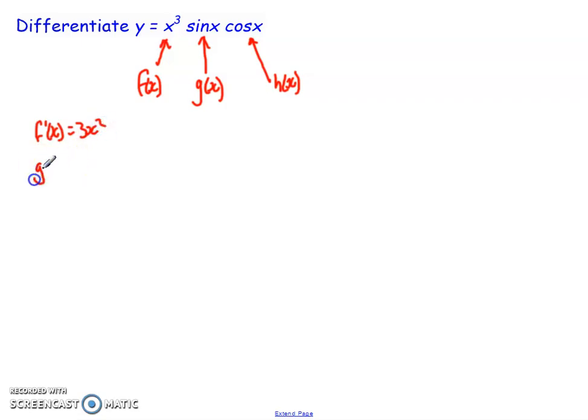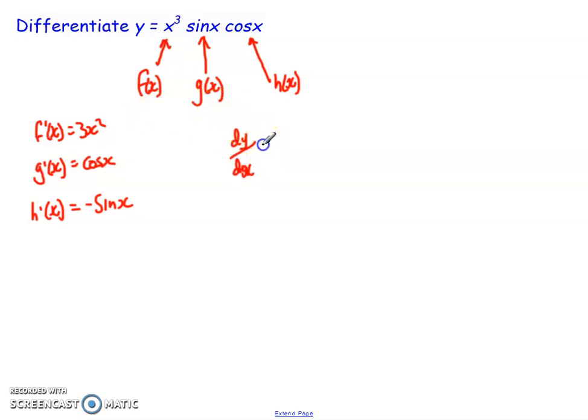My g dashed of x, so derivative of the sin x, is going to equal cos x. And then my final one, h dashed of x, is going to equal the derivative of cos x, which is minus sin x.